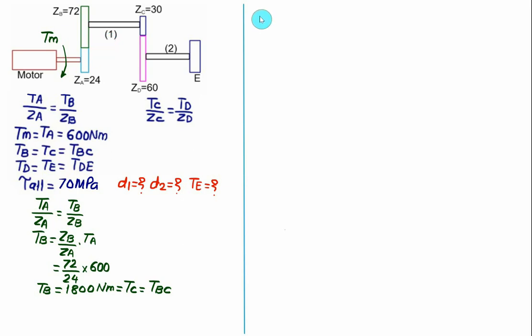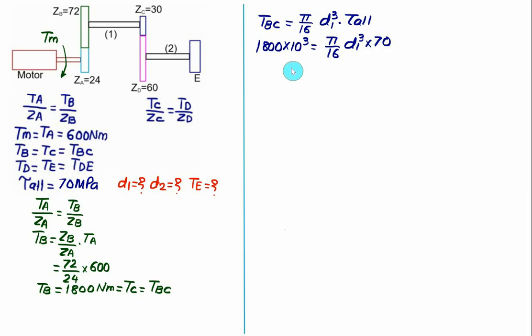So we have torque for BC is equal to pi divided by 16 into D1 cube multiplied by allowable shear stress. That is equal to 1800. 1800 is Newton meter, so we will multiply by 10 to the power 3, equal to pi divided by 16 into D1 cube multiplied by allowable shear stress, which is given to us equal to 70.